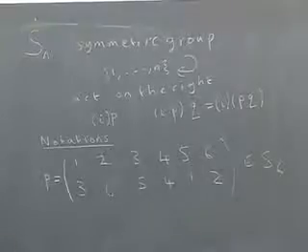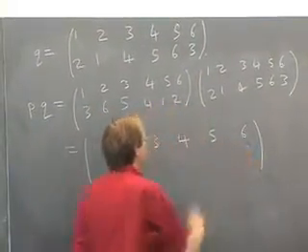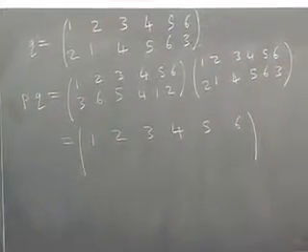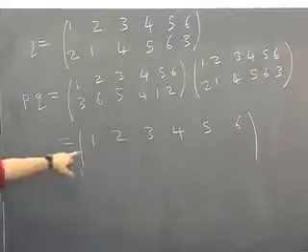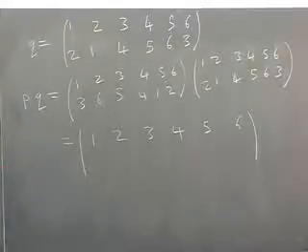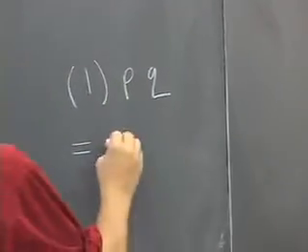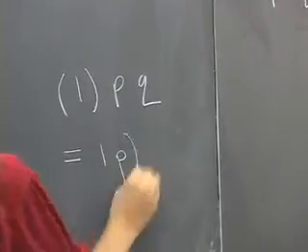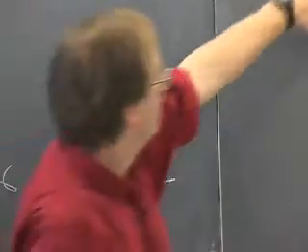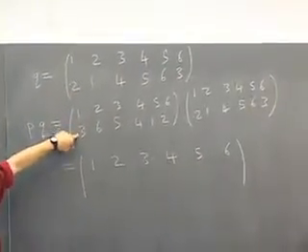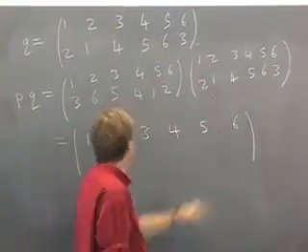So if I want to figure out a product of two such things, what do I have to do? I have to figure out where 1 goes. So I have to figure out what's the image of 1 under the product PQ, which is the same as 1 acted on by P and then acted on by Q. So 1 under P goes to 3, and then under Q, 3 goes on to 4.